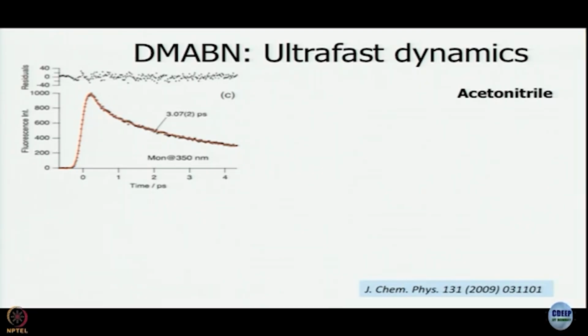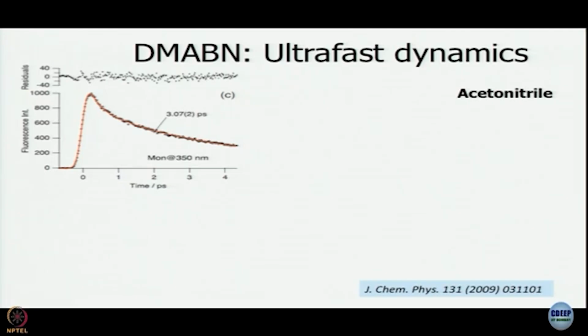So, this is the dynamics in the blue end of the spectrum. Okay. Mon is not Monday, I think it means monitored at 350 nanometer emission wavelength. You see there is a decay, and the decay constant is 3.07 picosecond. Ignore that 2 in bracket.